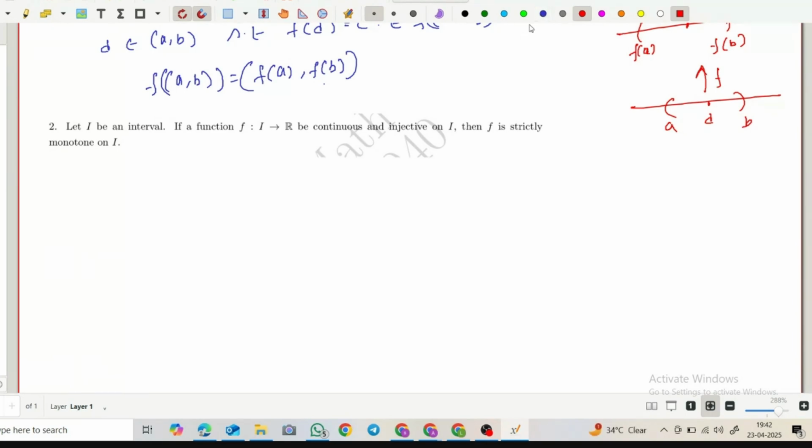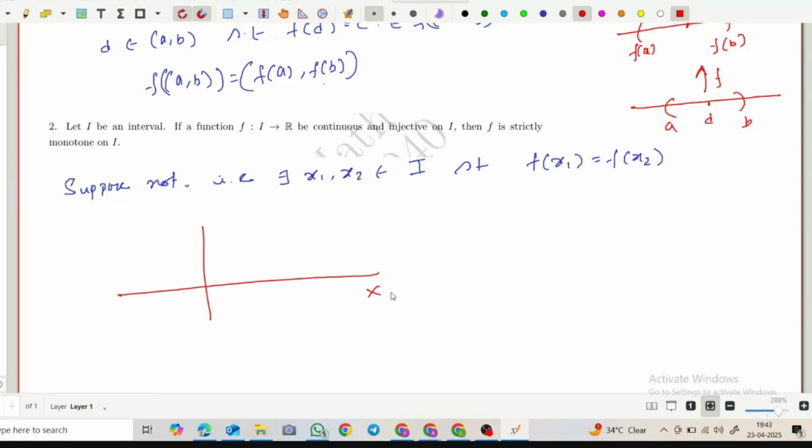Okay, so suppose, if possible, suppose not. That is, there exist x1, x2 belonging to I such that f(x1) is equal to f(x2), because f is not monotone. So you see, how will it look like? x1 is here and x2 is here.